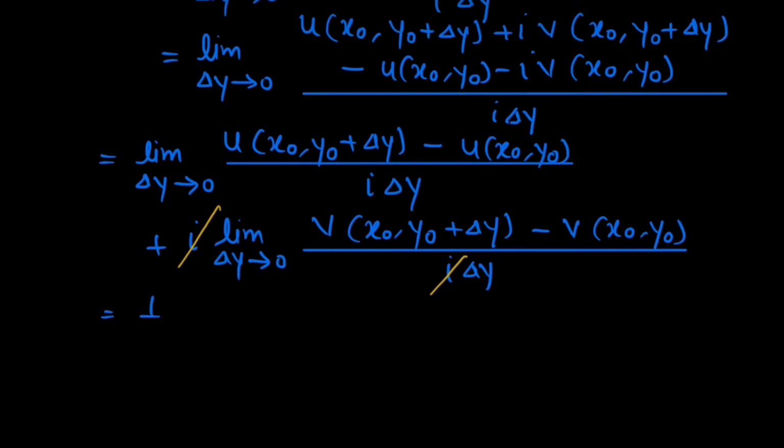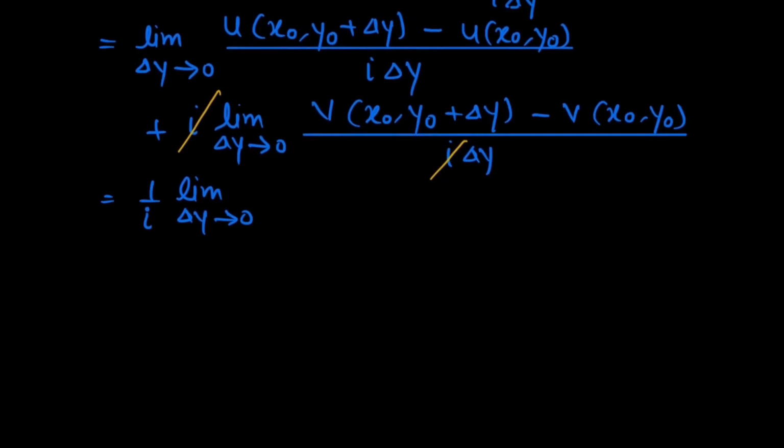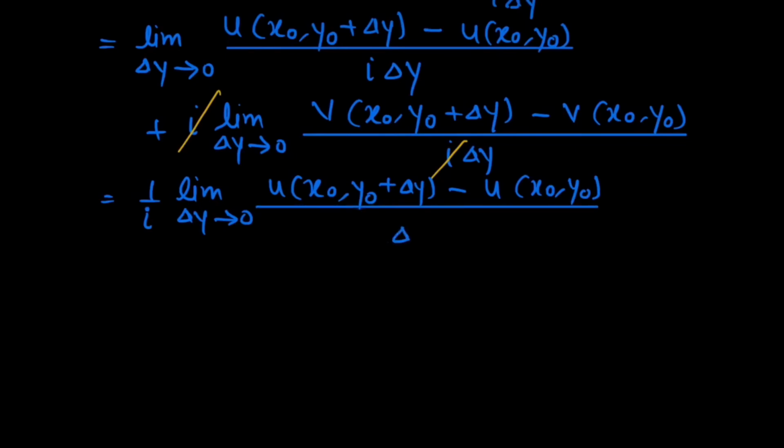1 over iota, limit delta y tending towards 0, u of x naught comma y naught plus delta y minus u of x naught comma y naught, and in the denominator we have delta y.